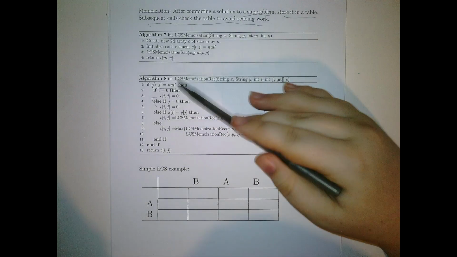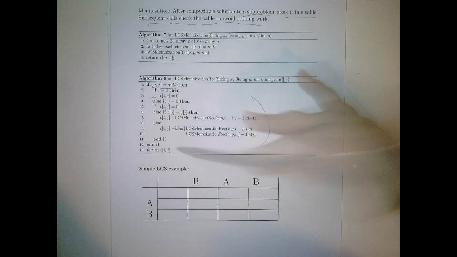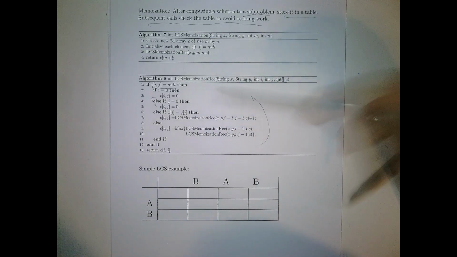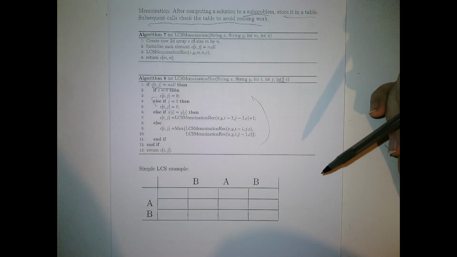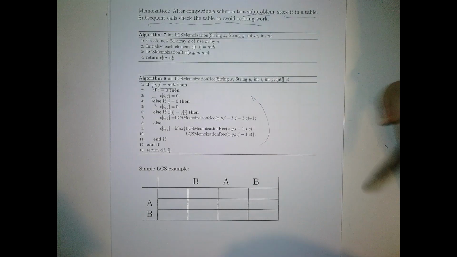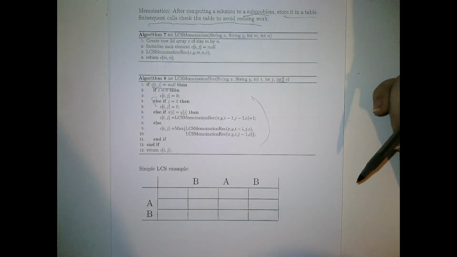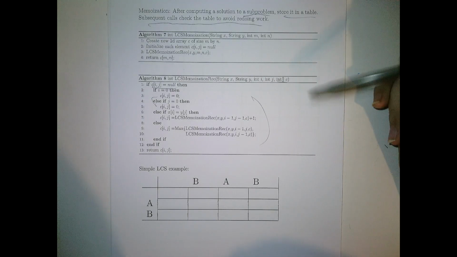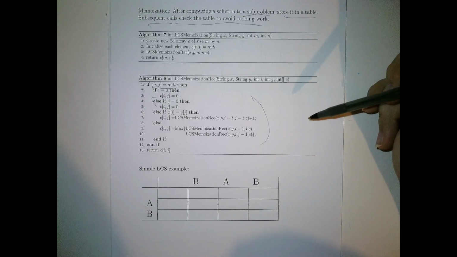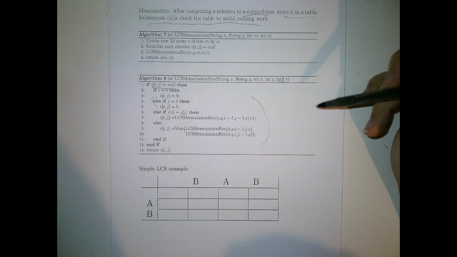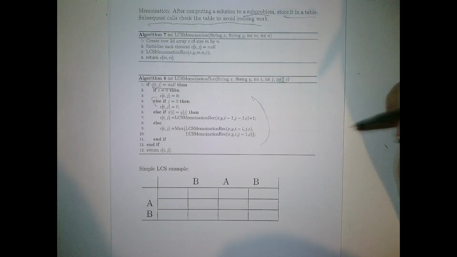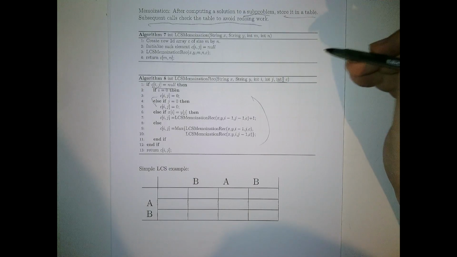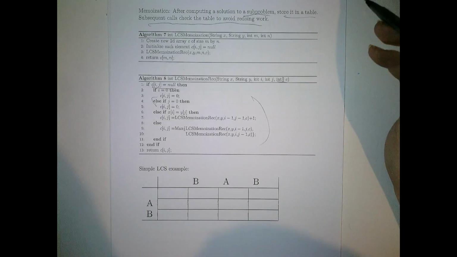If I already had the value, then I skip all this work and just return it. So I will never redo a computation of a number in the table. Every number in the table is computed at most once. Sometimes you can even skip numbers. That's where memoization is going to be handy.